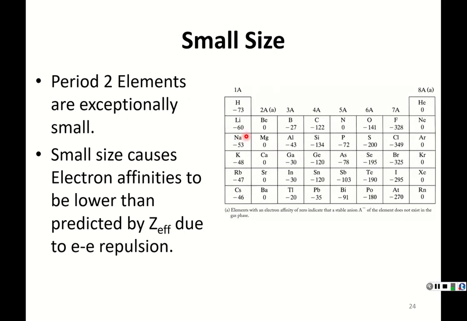Right, and again, this figure shows another way of looking at it. This is with electron affinities being lower than predicted by the effective nuclear charge, and that's due to electron repulsion.